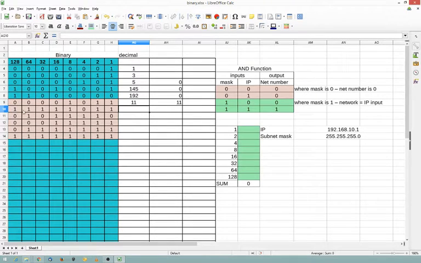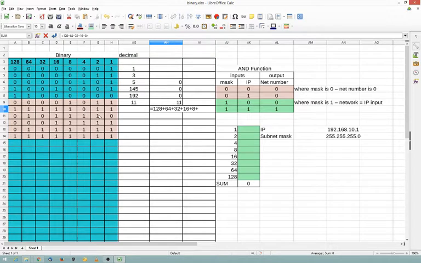Okay, so let's have a look at this number here. Now, there's actually two ways of working this out. But let's go through the long way. So that's going to equal, so there's 128 over there. So 128 plus 64, plus there's 32, plus there's 16, plus there's an 8, plus that.